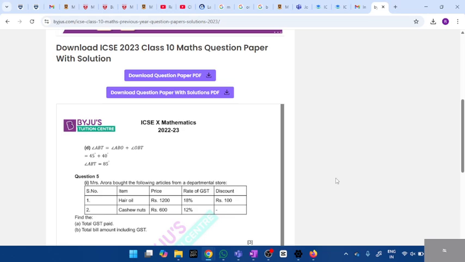For any given question, calculate CGST and SGST. This is 22 paper, 22, 23. 2023, 24, 24, 25.